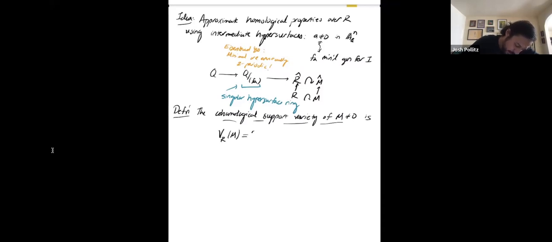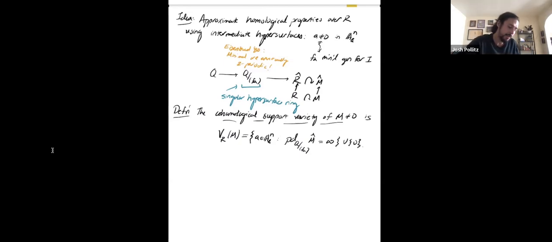It's the set of points in the affine space where the asymptotic properties of M don't vanish. So you're trying to pay attention to the points where there's still interesting information to study about M. That can be captured by saying that when you look at the intermediate hypersurface Q mod f_a, you want M hat to have infinite projective dimension.